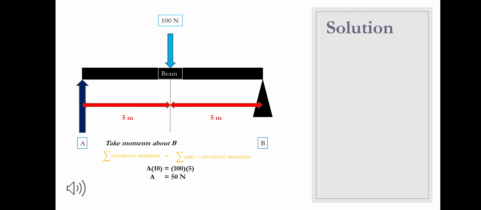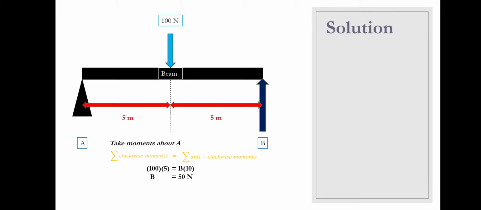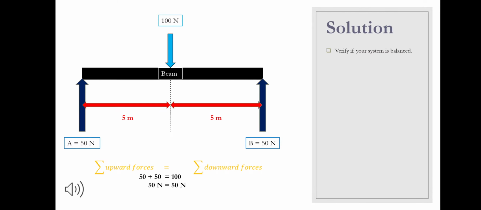To calculate reactions we use the methods we learned from Unit 1 by introducing a fulcrum. Remember to always verify if your system balances after calculating reactions.